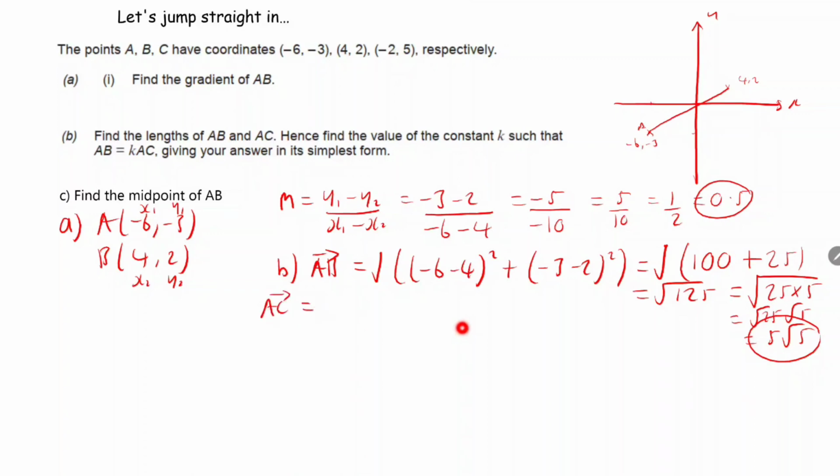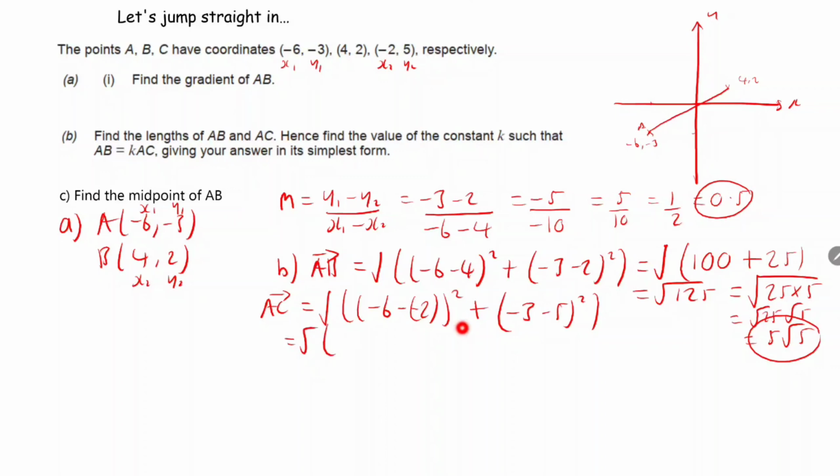So now we're going to assign x1, y1, x2, y2. We've got the square root of -6 minus -2 all squared, plus -3 minus 5 all squared.